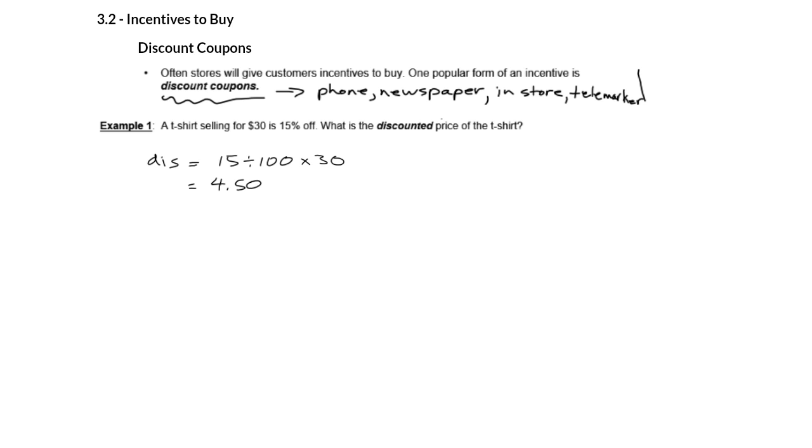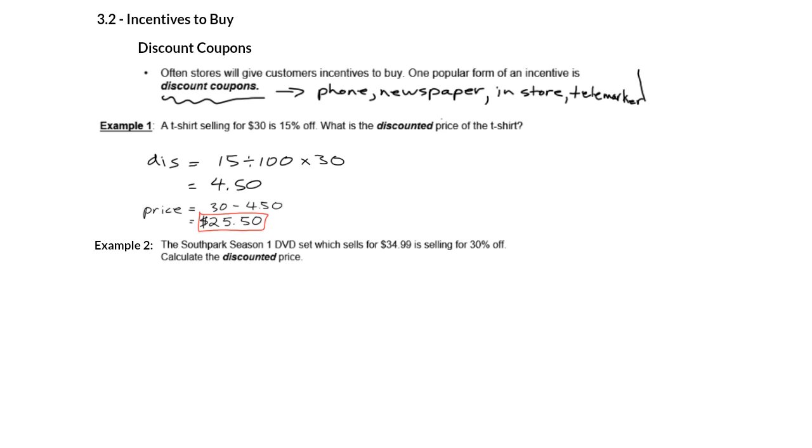Now, in order to get the new price, we have to take the original price, which was 30, and because it's a discount, we subtract that $4.50 to get a final answer of $25.50.